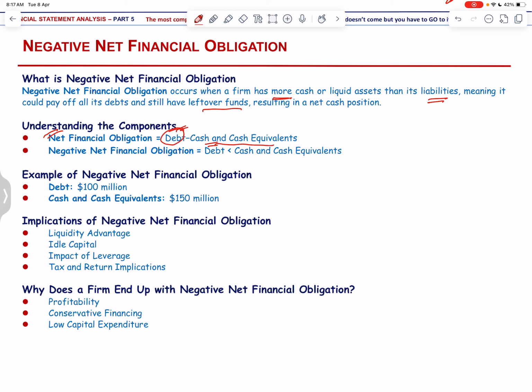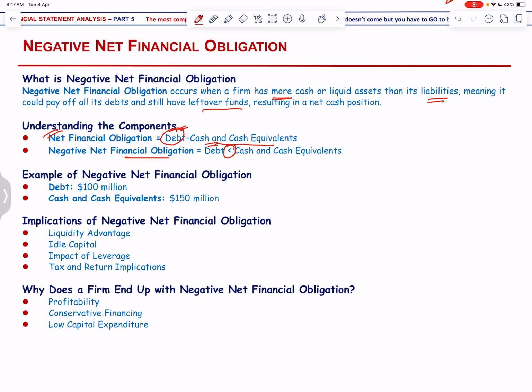Cash and cash equivalents include liquid assets, including cash, marketable securities, or other assets that can be quickly converted into cash. Now, negative net financial obligation occurs when debt is less than cash and cash equivalents.